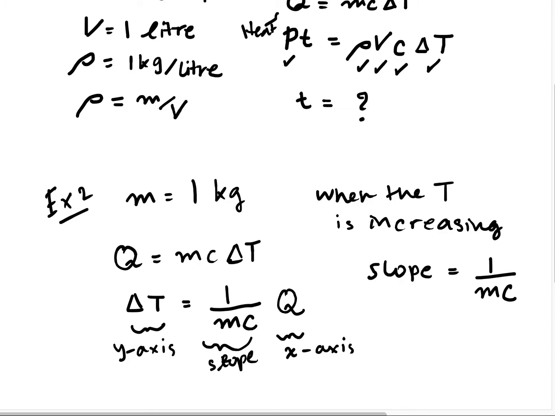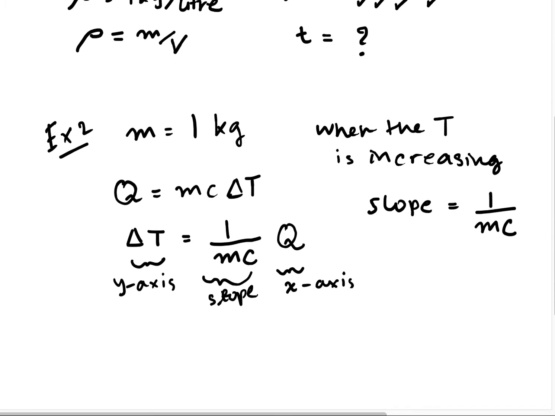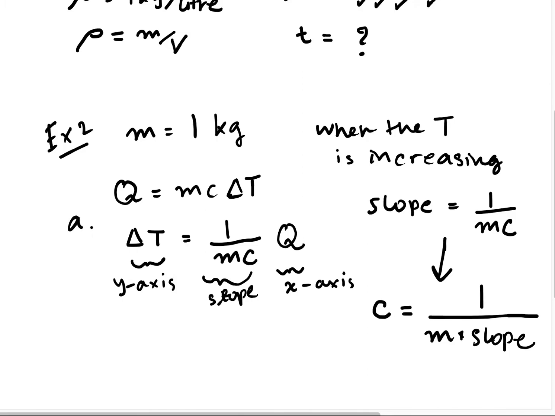Okay, so in this case, you can just simply find the C, or the specific heat capacity, as 1 over mass times the slope of the graph. Okay, so this is for our part A.